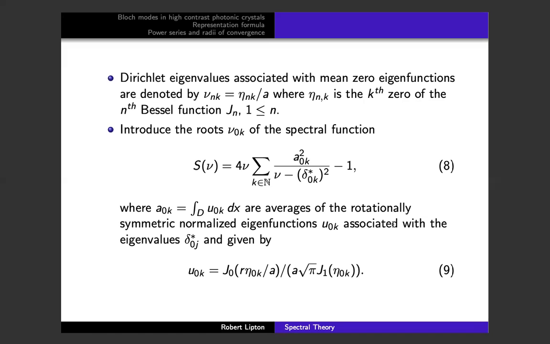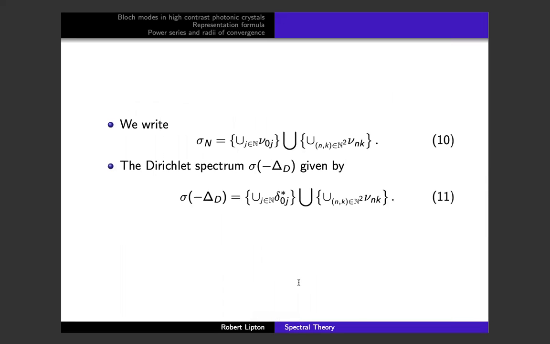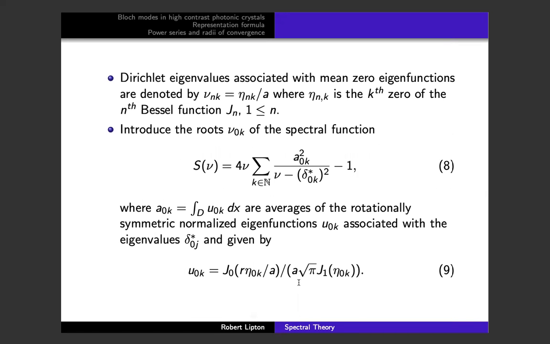So we now introduce a spectral function, which is in terms of the eigenvalues of mean non-zero eigenfunctions, those are the delta stars, and then the averages A0K of those eigenfunctions. Here I normalize them in equation 9. Then I can write down the spectrum sigma n, which is the union of the zeros of the spectral function given in 8. So I look at the nu's that make that function 0.